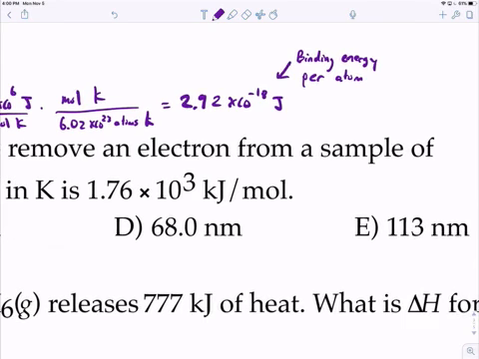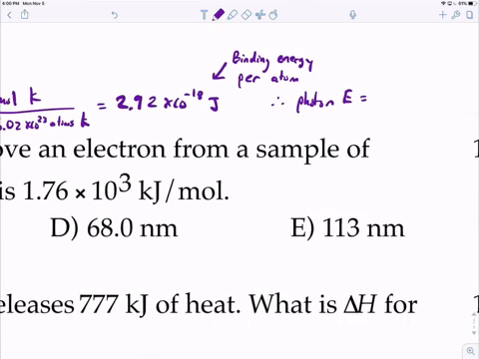So therefore, the photon energy needs to be at least 2.92 times 10 to the minus 18 joules.